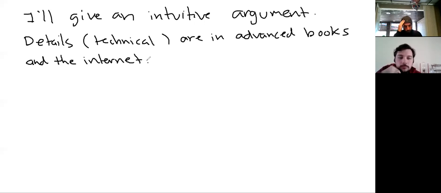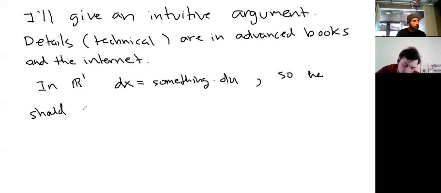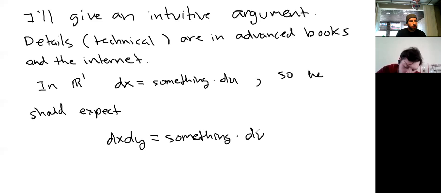So in R1, dx was equal to something times du. So we should expect dx dy to be something times du dv in R2.